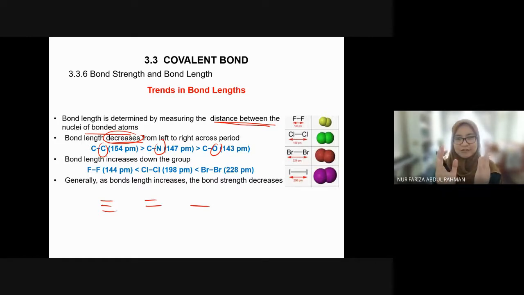Stronger attraction maksudnya it cause the bond to be shorter tau. Kalau bond tu shorter, jadi bond tu jadi pendek lah. Bond pendek, more energy is needed to break the bond. So that is the relationship between bond length and bond strength in terms of order of the bond.